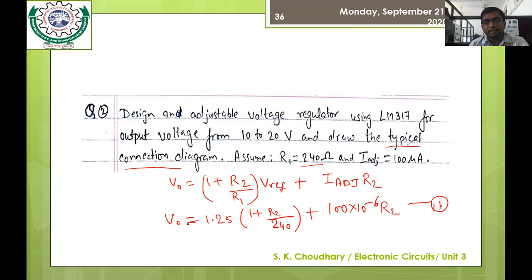Now we have to design this for the two output voltages. First is 10 volt, second is 20 volt. After writing this equation 1, you have to first go with one of the values. Suppose I am taking here the design for V naught is equal to 10 volt.